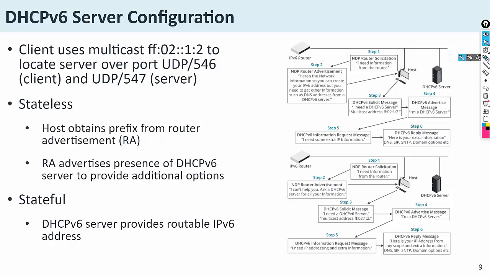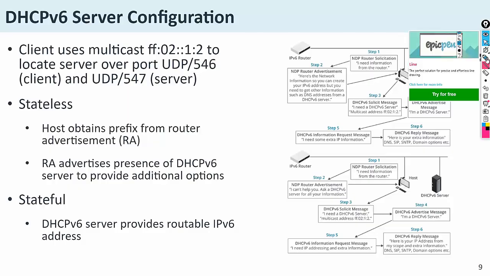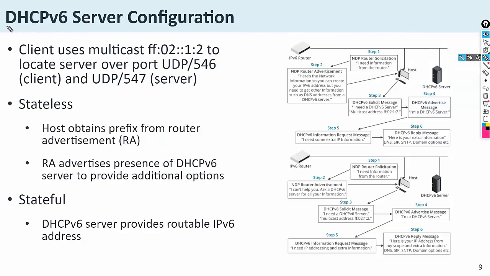There is DHCPv6. DHCP provides IPv4 addresses, but of course it is also possible to configure a DHCPv6 server. In this scenario, the DHCPv6 client uses the multicast address FF00, and this works over UDP port number 546 for the client and 547 for the server.